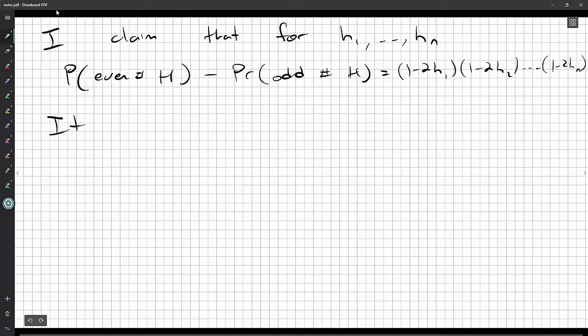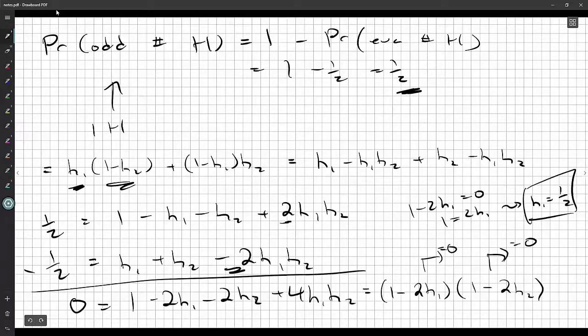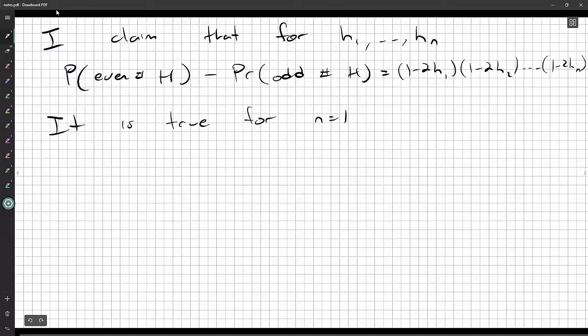So it is clearly true for n equals 1. We did that base case. We also did the case with 2, but we've already done this base case here. But you could say, getting an even number of heads minus an odd number of heads is 1 minus 2h1. There, we're fine with that.